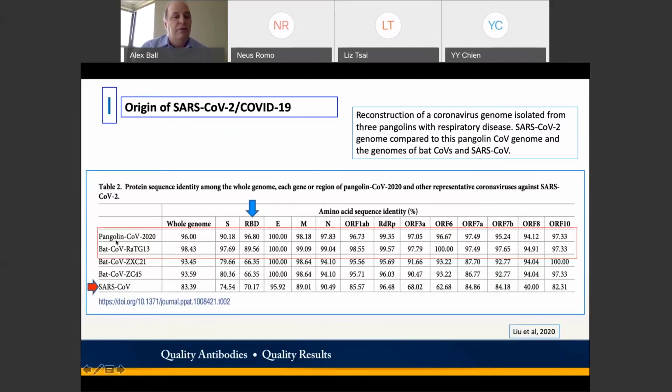What you'll find if you compare the SARS-CoV to the bat is that overall the similarity is very high, even more overall than the pangolin. But what you'll notice is the increased sequence similarity in the receptor binding domain of the pangolin, more than the bat, and we'll explore this a little bit more.